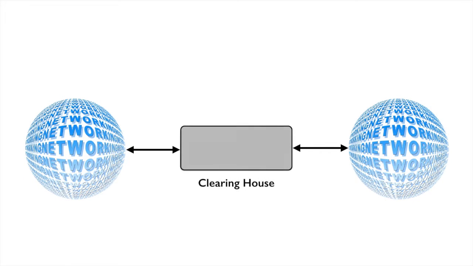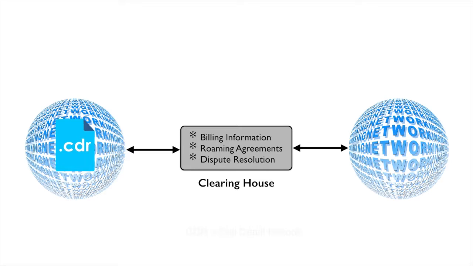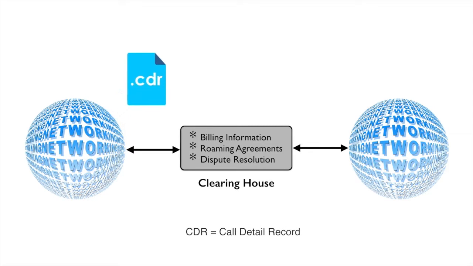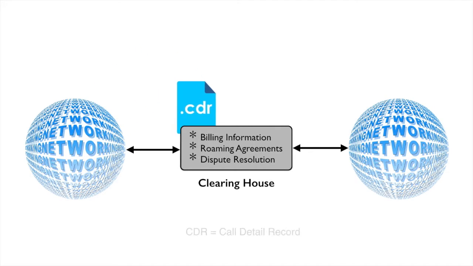Clearinghouses are organizations which interface between different roaming partners to help them to exchange their billing information, set up roaming agreements, and to resolve any disputes. Clearinghouses receive CDRs from roaming partners for both inbound and outbound roamers and then balance the books in TAP files.